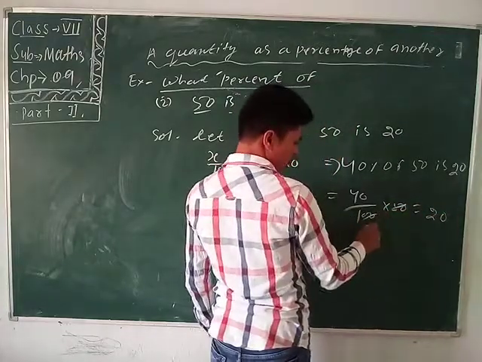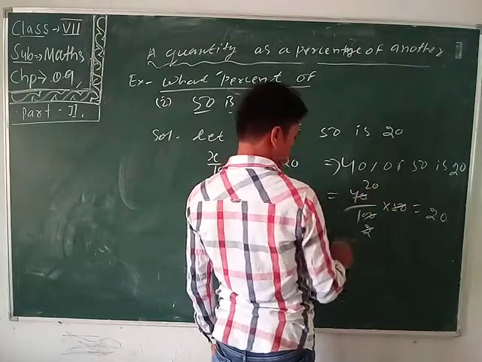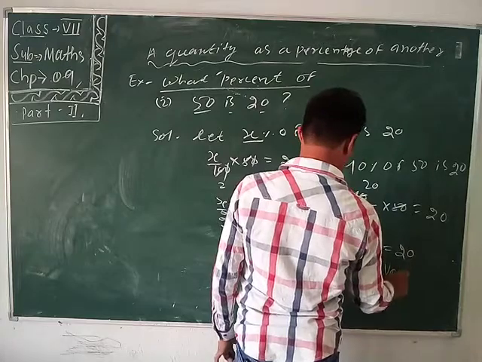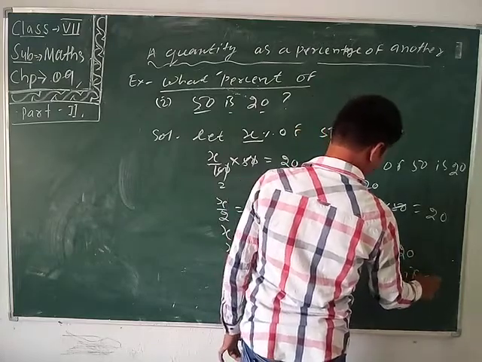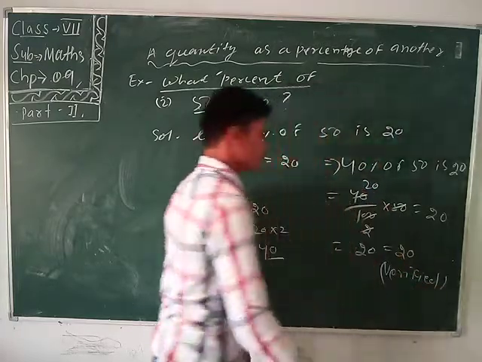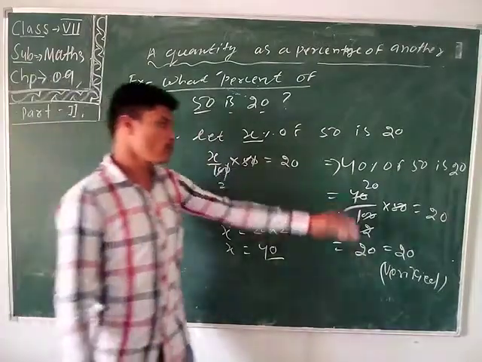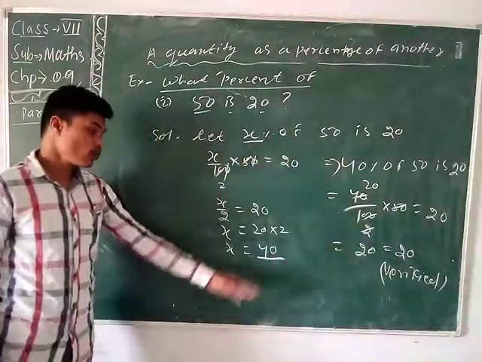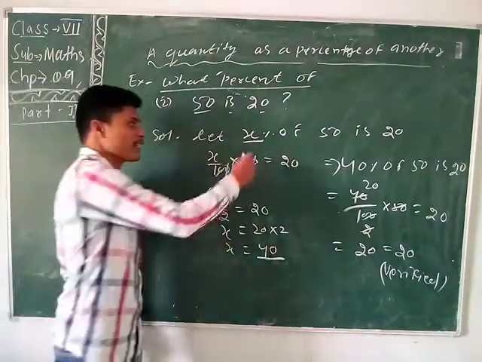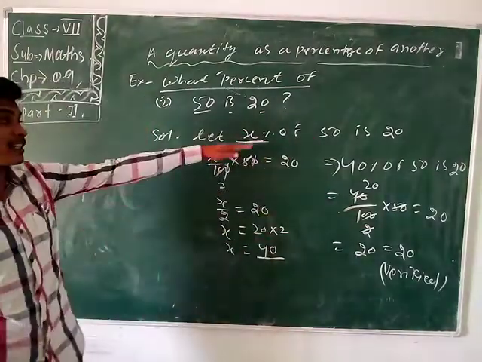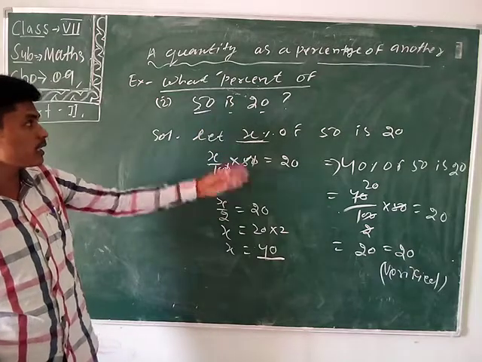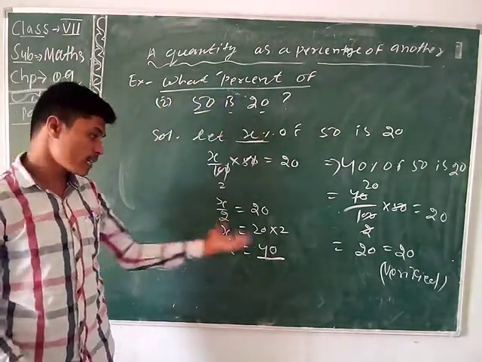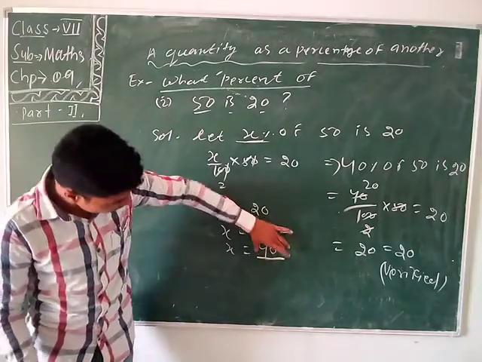Here 50 and 100 reduce, giving 20 equals 20. Verified. We take x for the unknown number, the quantity we don't know. That way we can easily find what percent of 50 is 20, that is x percent of 50.